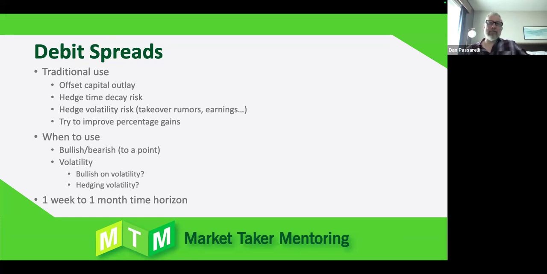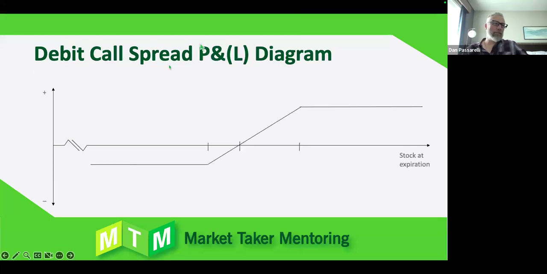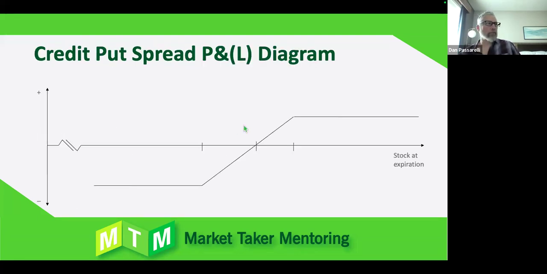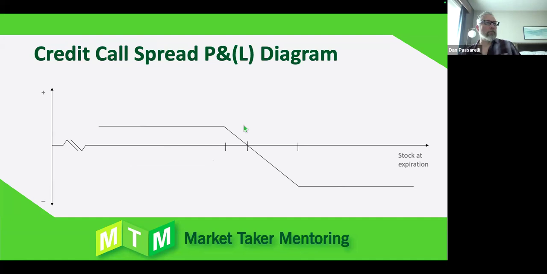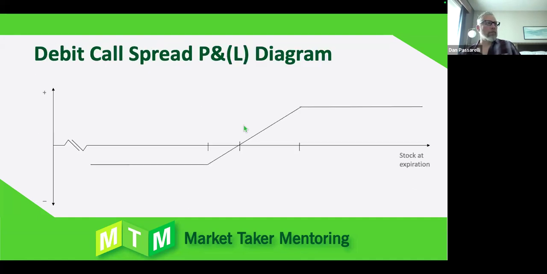With the debit spread, we call it a debit spread because we're buying the more expensive call in this case, put in the case of the put debit spread. So let's say we buy the 85 strike calls and sell the 87 strike calls, $2 spread, and we pay 90 cents for it.